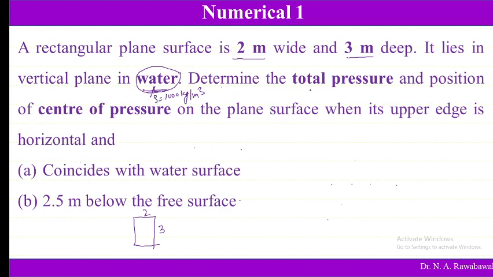Determine the total pressure, that is F, and the position of center of pressure, that is H star, on the plane surface when its upper edge is horizontal and coincides with the water surface. Here there are two different problems. In the first, the upper edge coincides with the free surface of water.